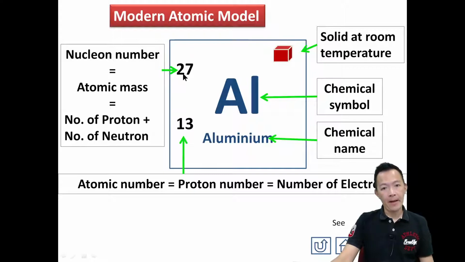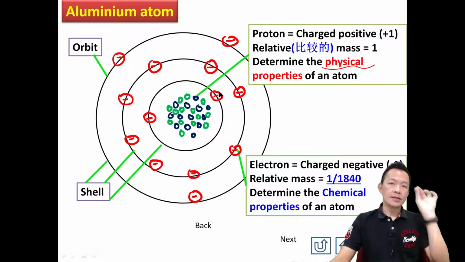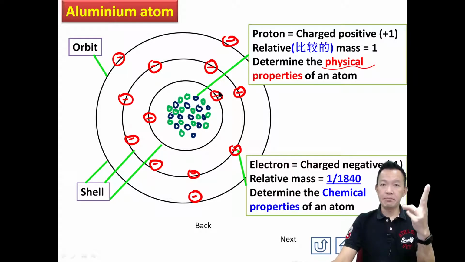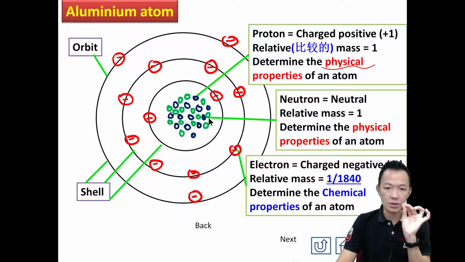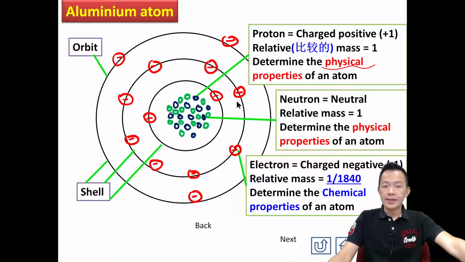Now we look at the diagram again. Where are the neutrons? Proton plus neutron becomes the nucleon number, right? So nucleon number 27, proton 13, so neutron must be 14. So draw 14 of these light blue ones yourself. What is a neutron? A neutron is a subatomic particle with no charge.